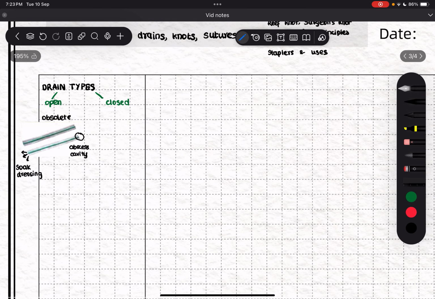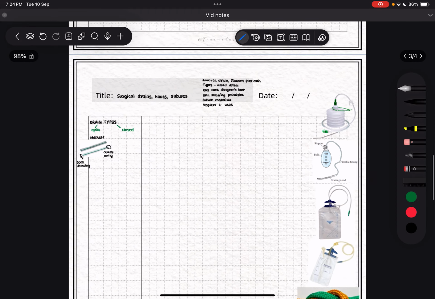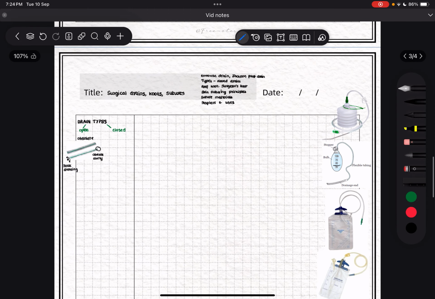Now the closed drain types are as follows. They are divided into 5 types: Romovac suction drain, Minivac drain, Jackson Pratt drain, abdominal drain, and underwater seal bag. Now let me drag and drop their images.